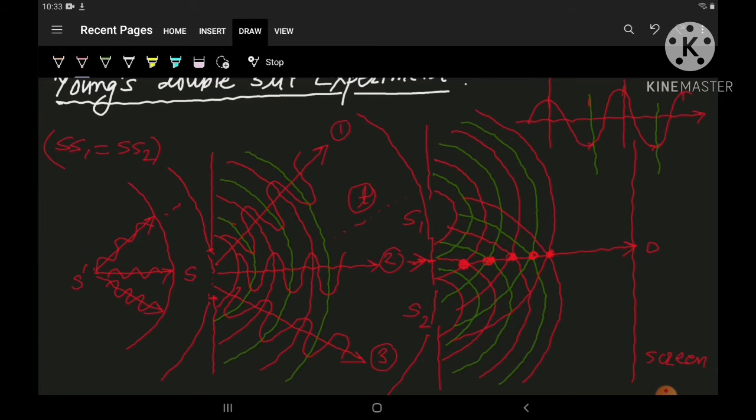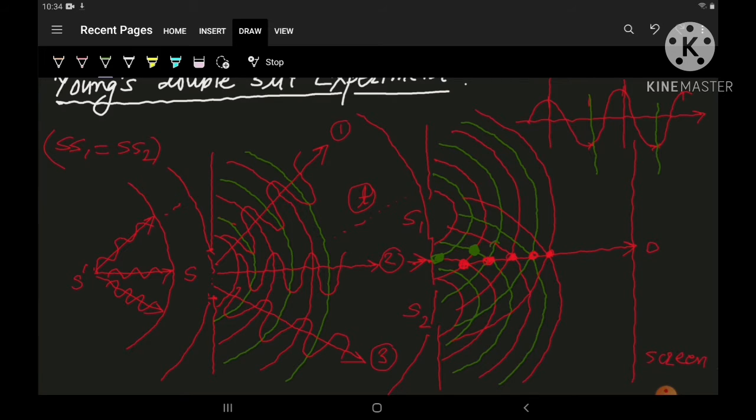Now let us move upward from this line or downward from this line. So first let us move upward, then we will have the next point here. This is the next point, and corresponding to this point the green of S1 and the red of S2 will intersect. Again this is the next one, the red of S1 and the green of S2.